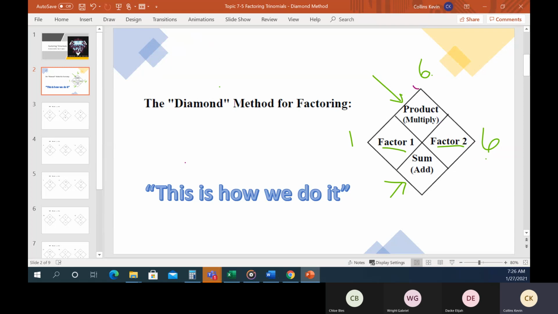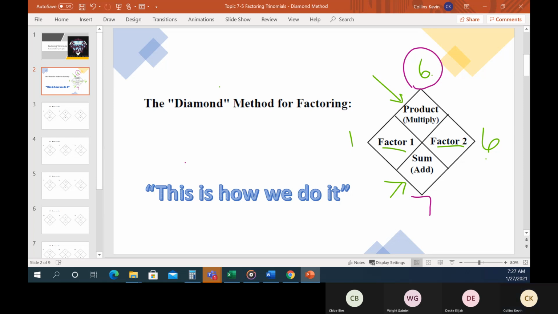So 6 times 1 is 6, right? But what if we added these guys together? What's 6 plus 1? Yeah. So if we had a 7 down here and a 6 up top, then the numbers we want are 1 and 6.